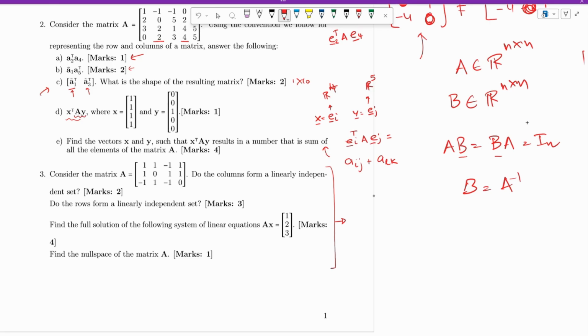See, if you have a set whose elements are from Rn, and I tell you that there are n plus 1 vectors in this set, and then I ask you, is this set linearly independent? What can you say in that case?